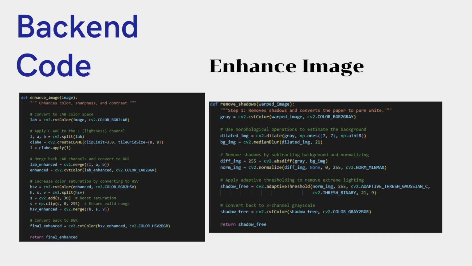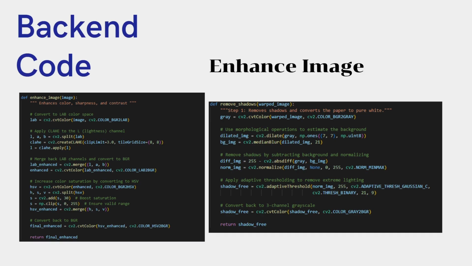L is lightness, and A is the color range between red and green, ranging from negative 128 to positive 127. And B is the range of color between blue and yellow, which also ranges from negative 128 to positive 127.